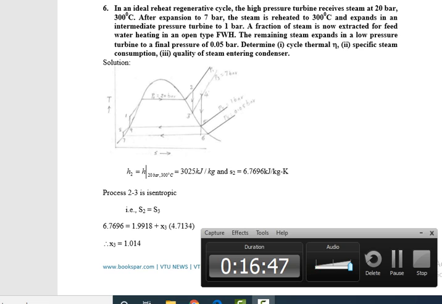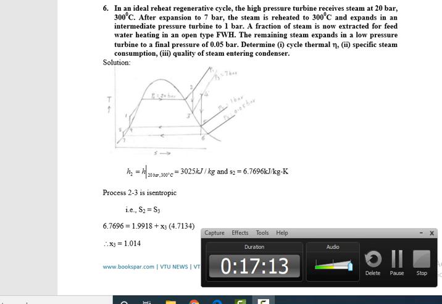In this case, the pressure is different in different sections, and in this numerical you have to find out first the cycle efficiency, second the steam consumption, meaning how much steam is consumed during the cycle, and third the quality of steam entering the condenser, that is, the dryness fraction of steam entering the condenser.